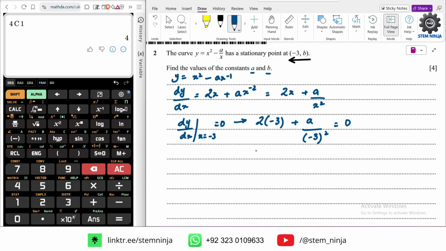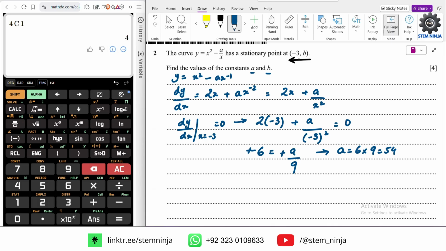So we have minus 6 equals, minus 3 whole squared becomes 9, and it goes on the other side, a over 9, minus minus cancelled. So a would become 6 times 9, 54.